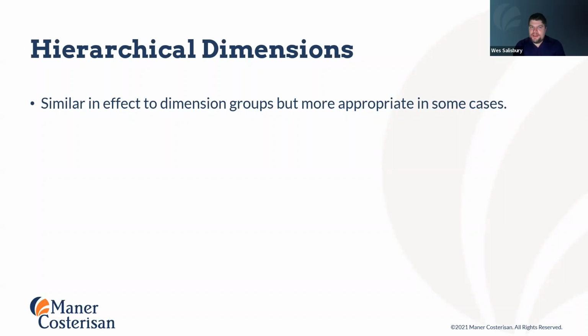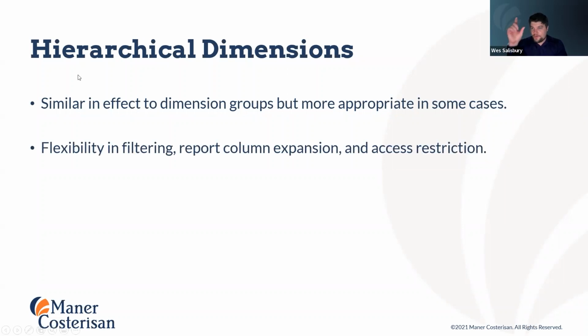However, even though the effect is similar, hierarchical dimensions can be more appropriate in some cases, and they're a little bit more user-friendly in a way, because it gives you a nice graphical layout of what rolls up into what. So it makes it a little bit more simple in some cases. Just like with dimension groups, they give you the ability to have flexible filtering in your reports.